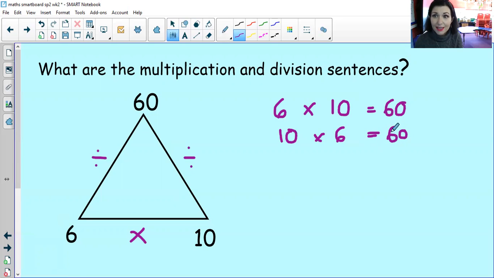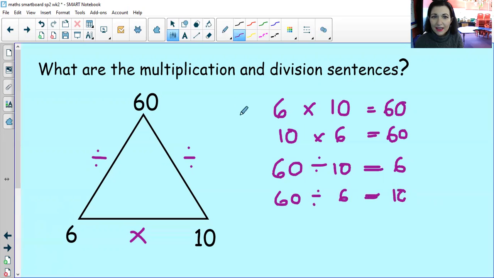I know that 60 is 6 tenths. Okay, now for my division, 60 divided by 10 is 6, and 60 divided by 6 is 10.